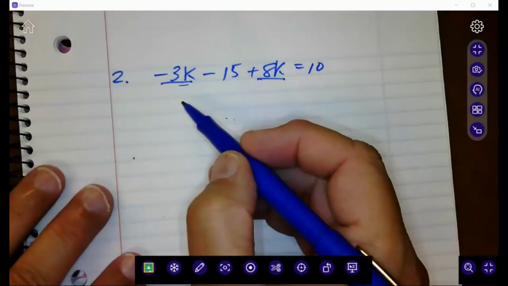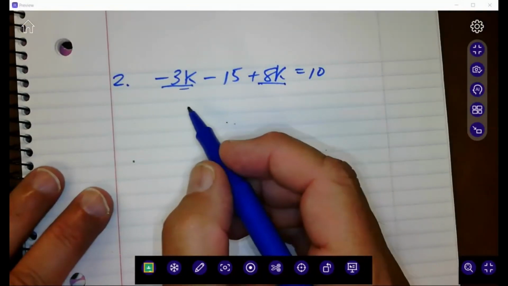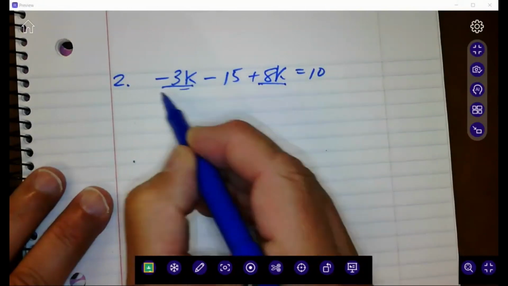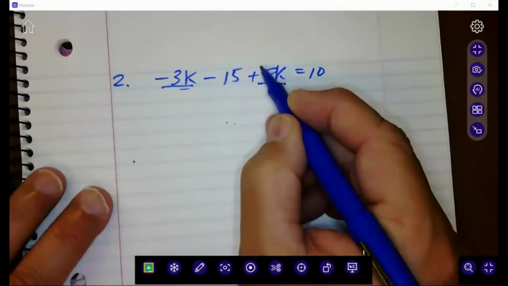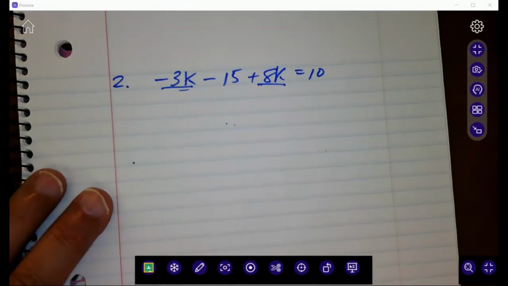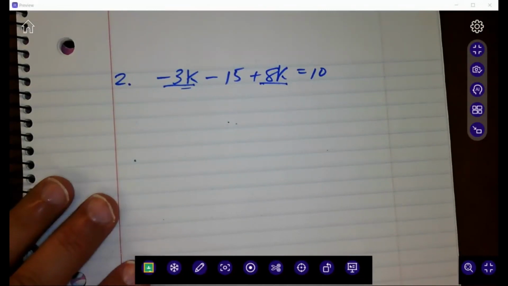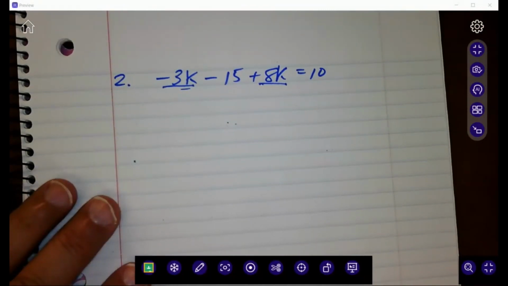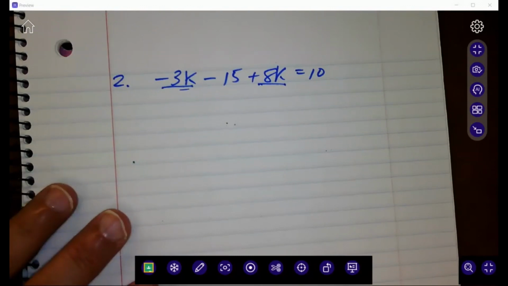So if there are multiple variables, we got to put them together. And so just like we were doing last week when we were combining like terms, I need to put negative 3k and positive 8k together. Mr. Long, what am I going to get when I combine negative 3k and positive 8k?